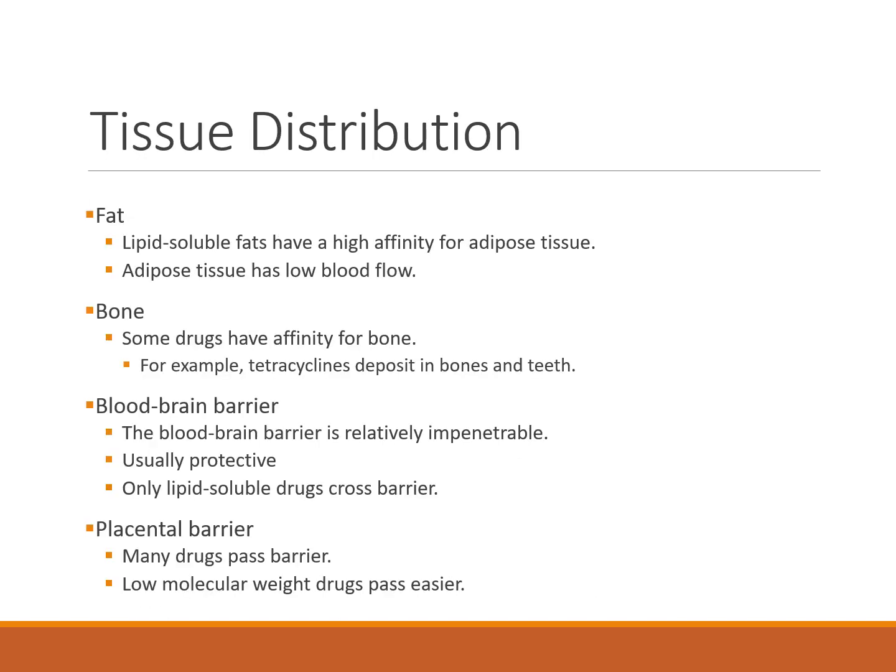Tissue distribution. Lipid-soluble drugs have a high affinity for fatty tissue, and that's adipose tissue. Adipose tissue has low blood flow. Bone: some drugs have an affinity for bone. For example, tetracyclines like to deposit in the bones and teeth.